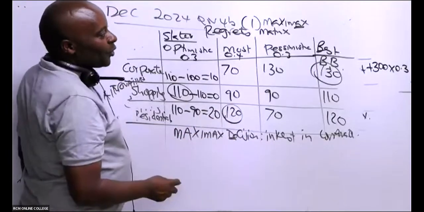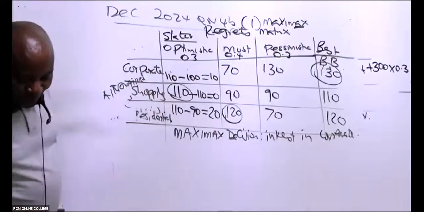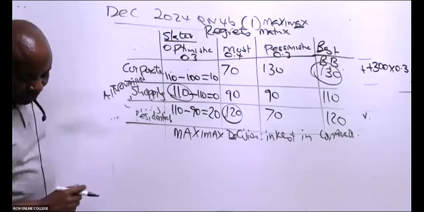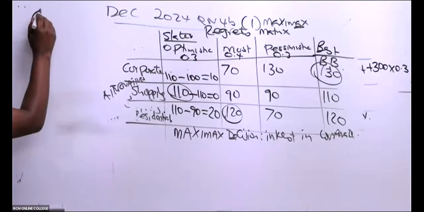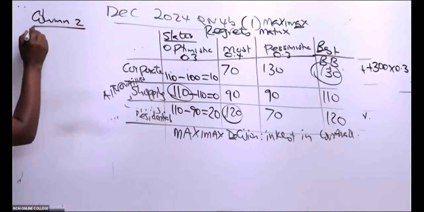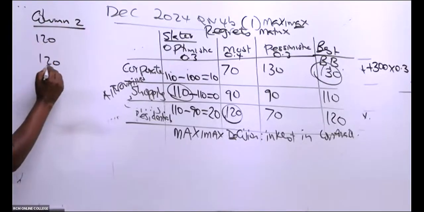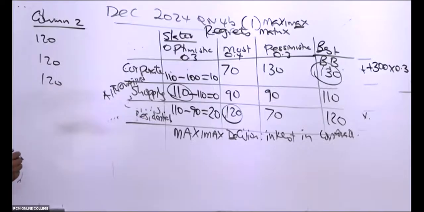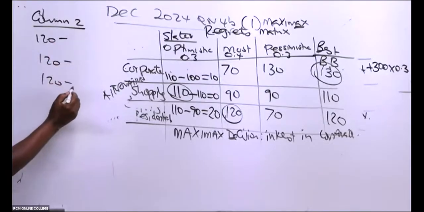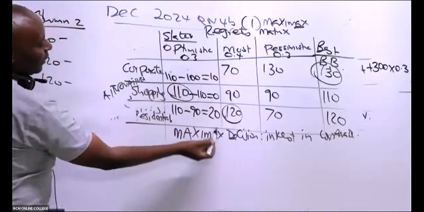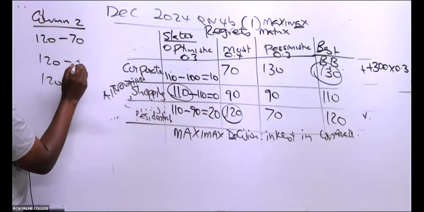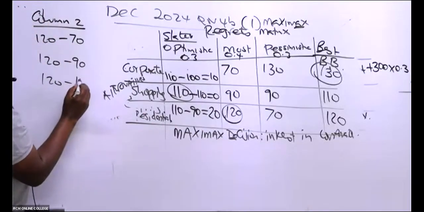120. So meaning that my column number two, please listen to me very well, shall behave like this. I will have 120, 120, 120 for column number two, and then I say minus what I got. For column number two, what have I gotten here? 70, then 90, and then 120.